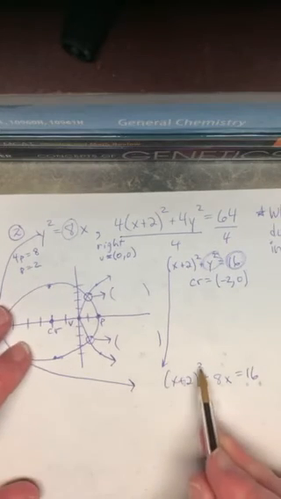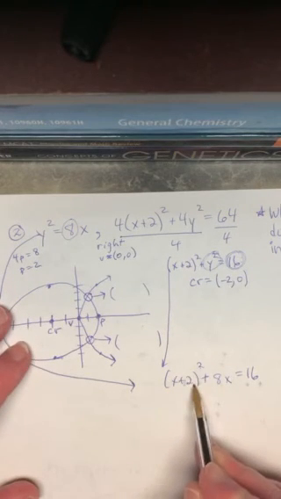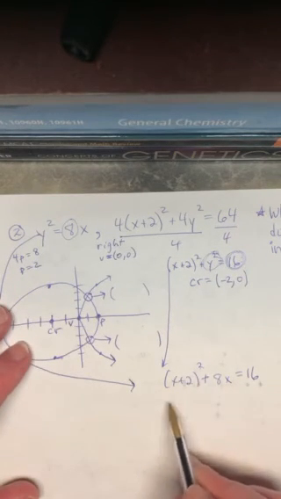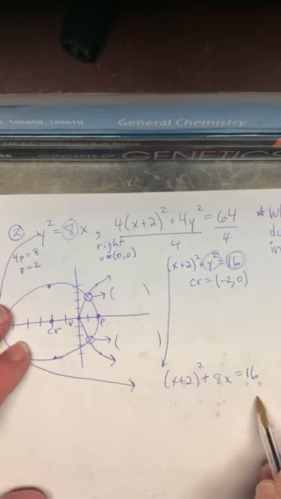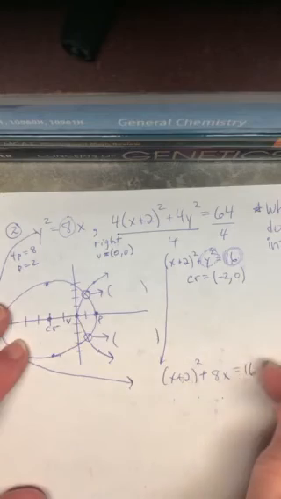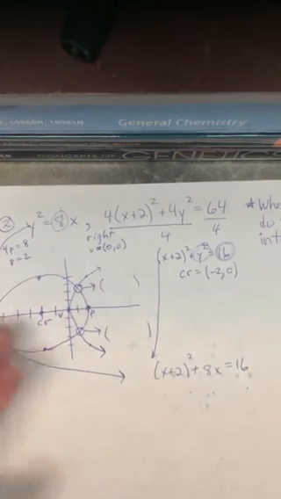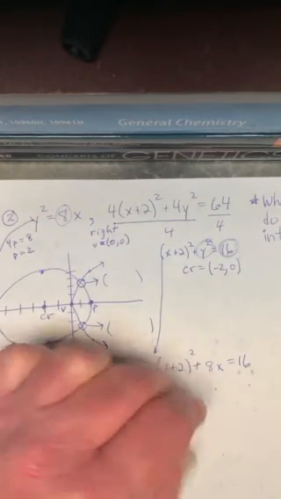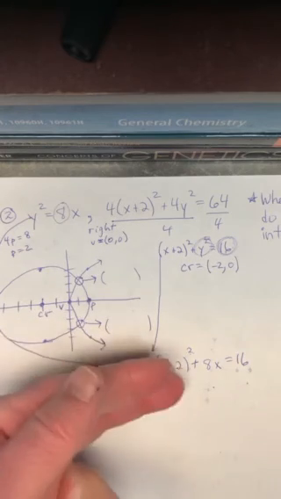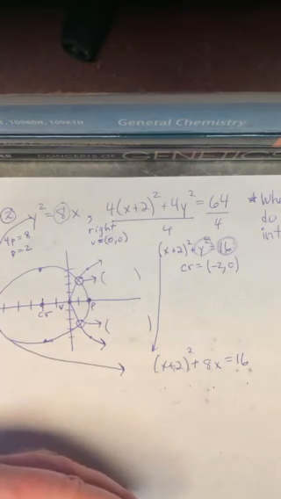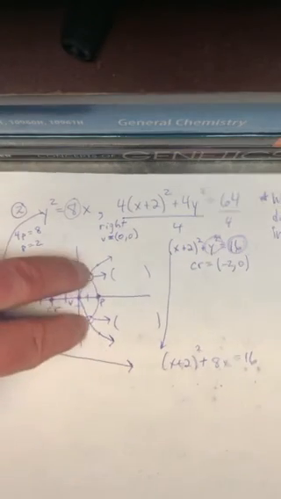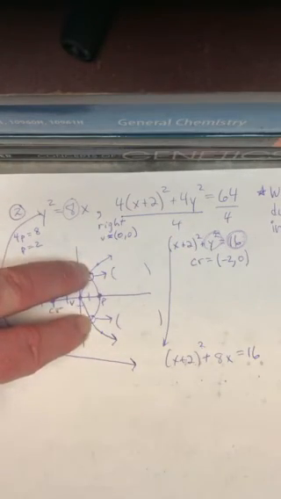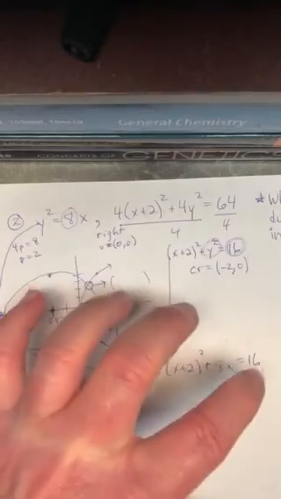And then you could square the x plus 2. You'd end up with x squared plus 4x plus 4 plus 8x equals 16. Combine like terms, move over the 16. You'd probably have to use the quadratic formula because it won't factor, just to get your two x coordinates of those points of intersection. Okay, again, this is more complicated stuff.